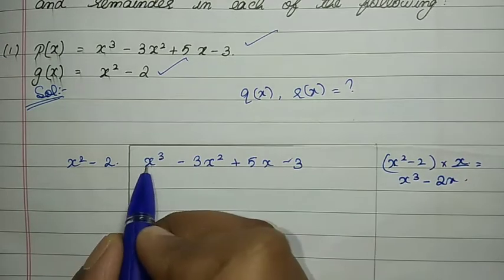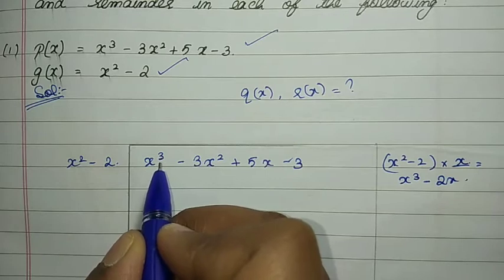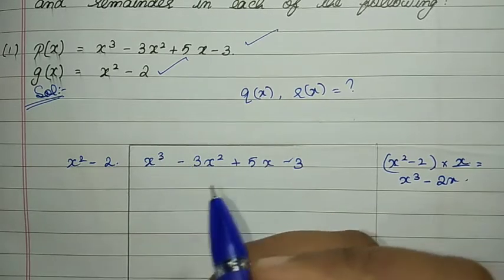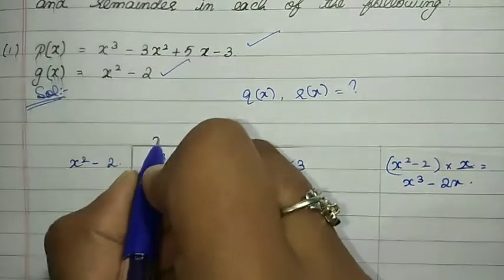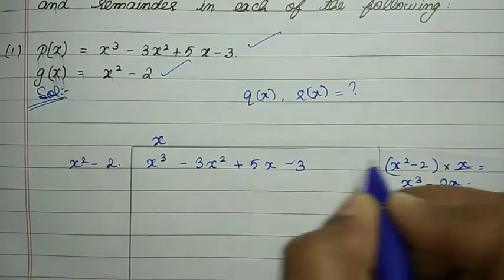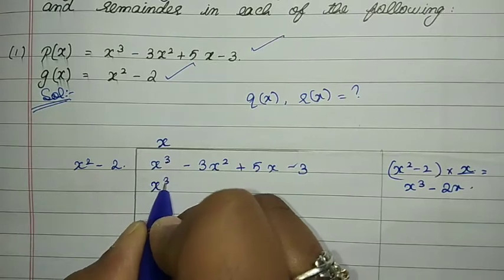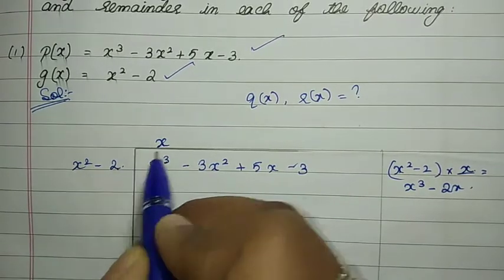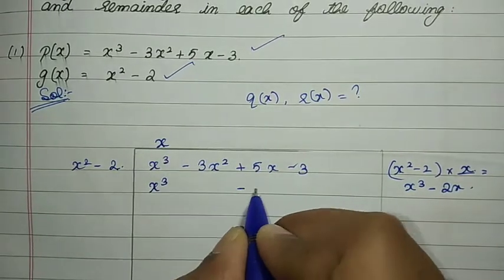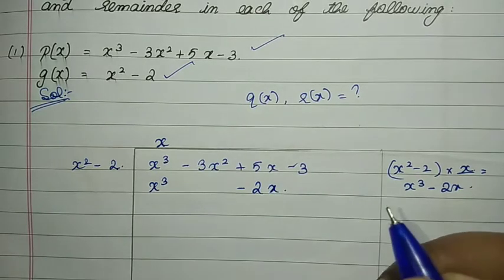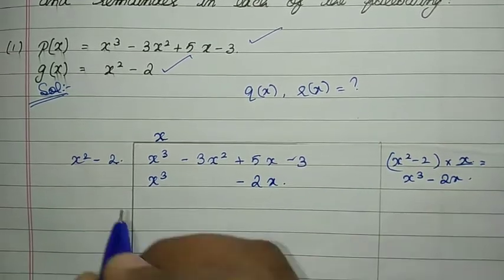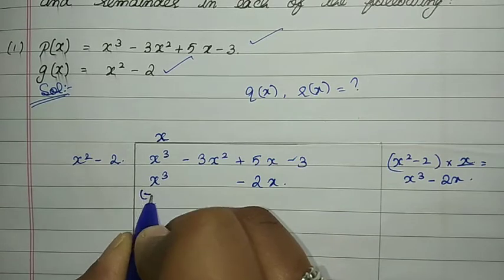Now I have to check only for the highest degree. So x square into x is x cube, and minus 2 into x is minus 2x. Now what I'm going to do is change my sign.